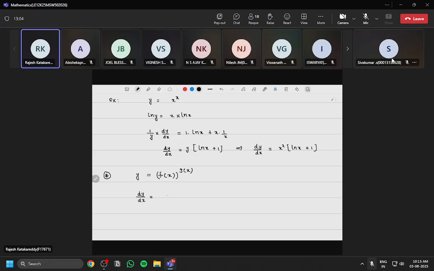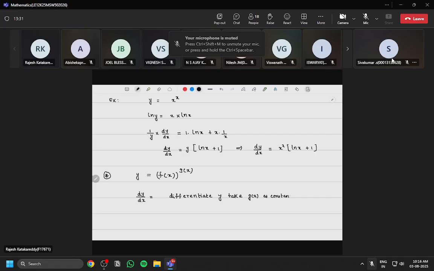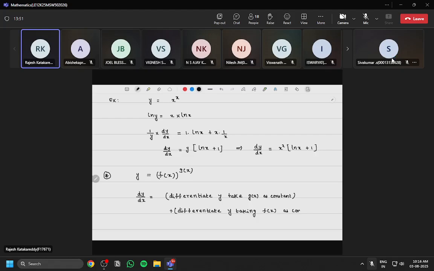I write dy by dx is equal to differentiate y taking g of x as constant, plus differentiate y taking f of x as constant.